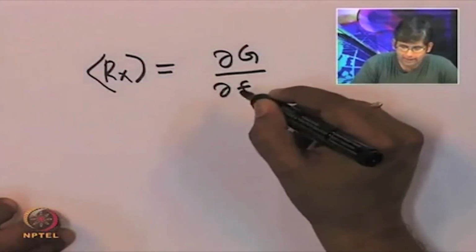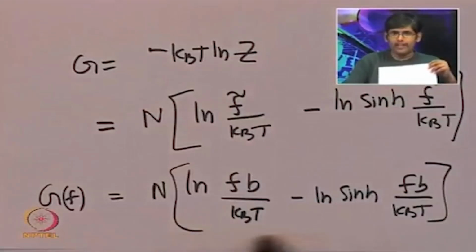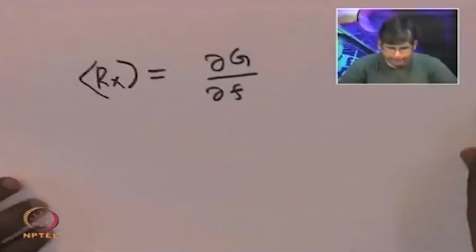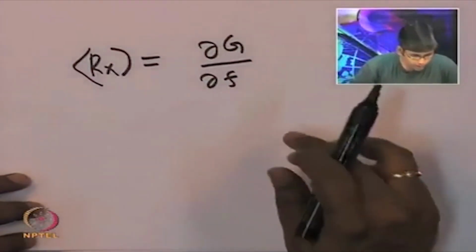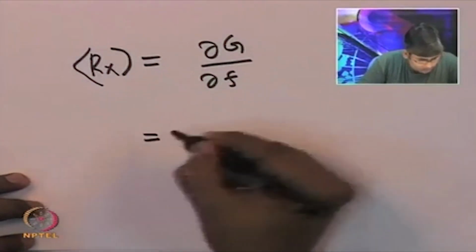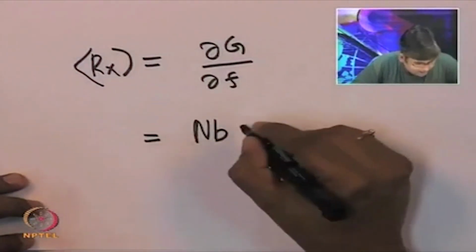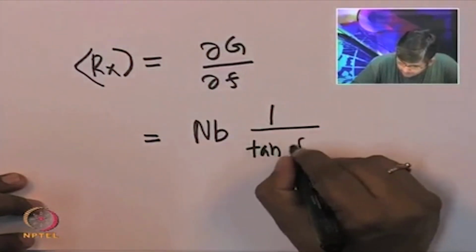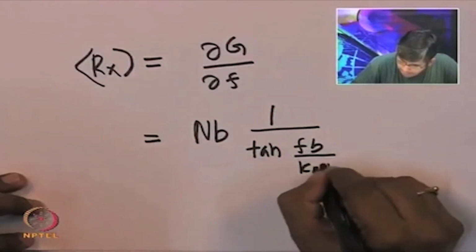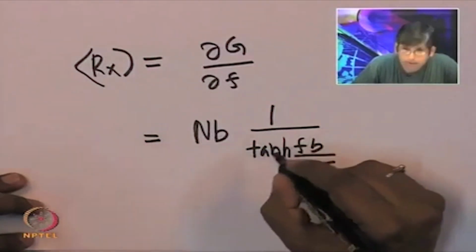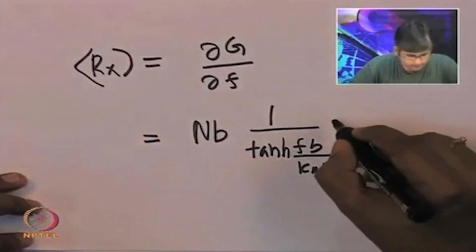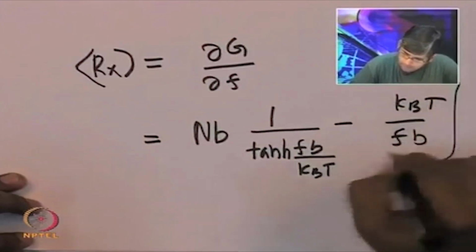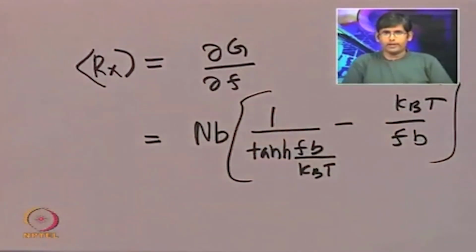If you find the derivative of this G with respect to f, there is an f here, there is an f here, the answer you get is N b times [1 over tanh(f b by k_B T) minus k_B T by f b].